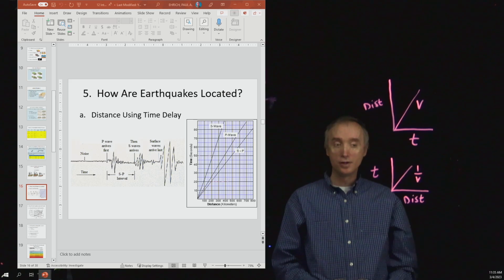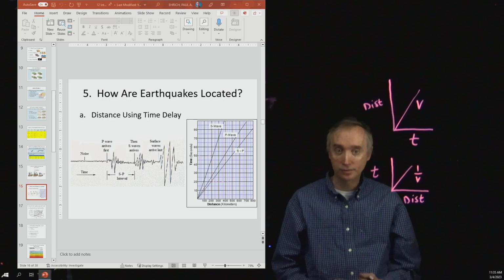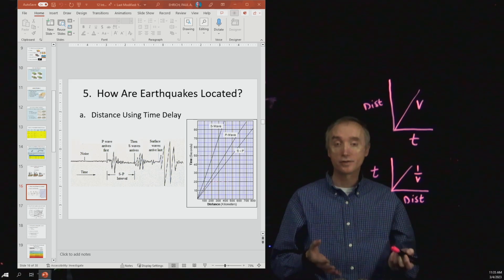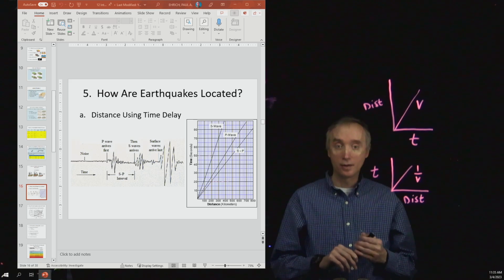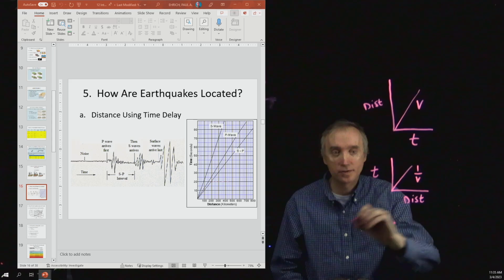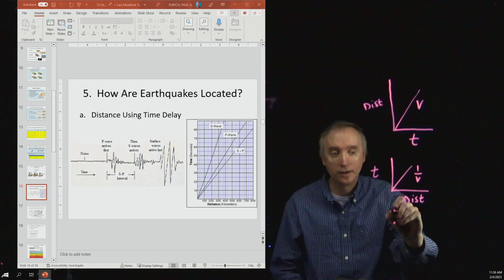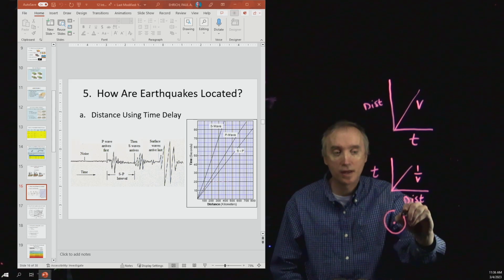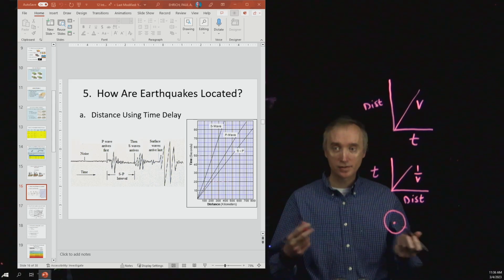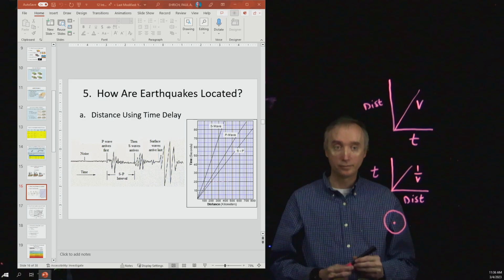Now that still doesn't really help us, okay? We know the epicenter of this earthquake was 600 kilometers away. So if this is your seismic station, then the epicenter is anywhere on that circle, anywhere that is 600 kilometers away.